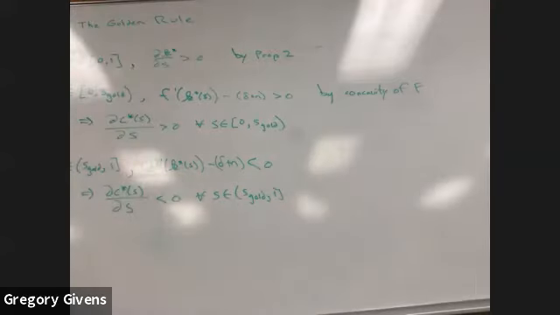So consumption is rising as the savings rate approaches S gold, and then consumption is falling as the savings rate goes higher than S gold.